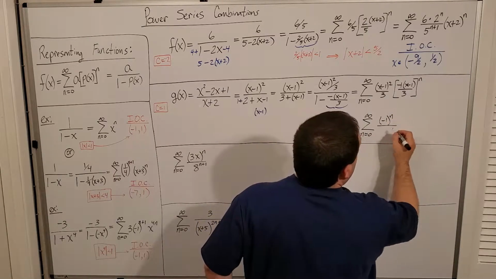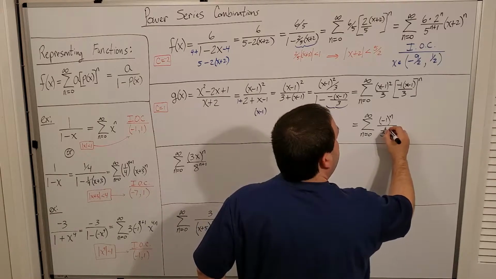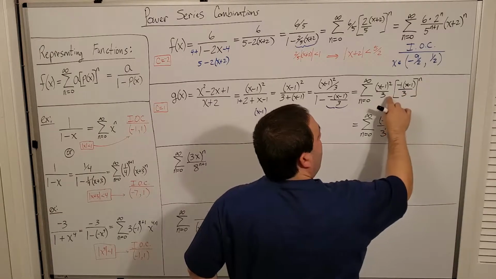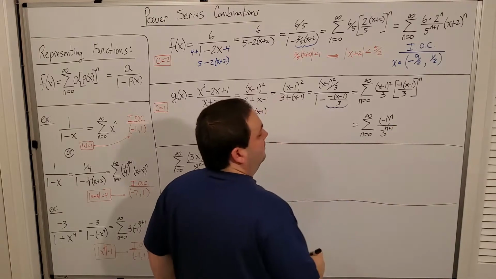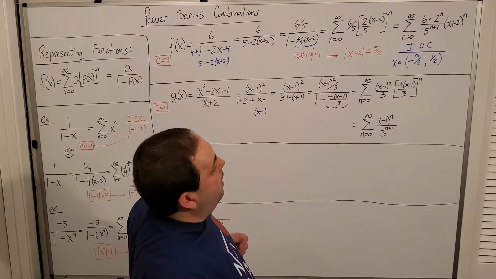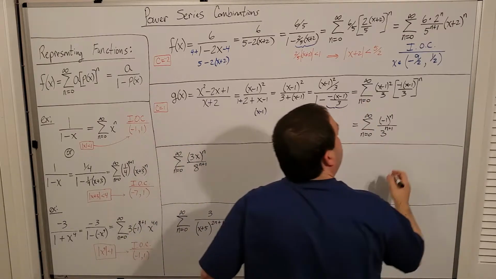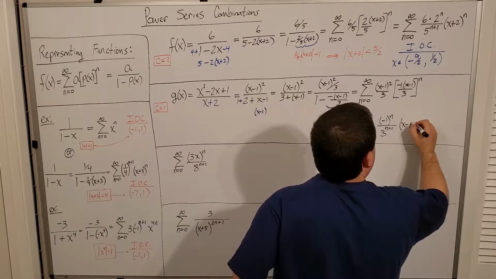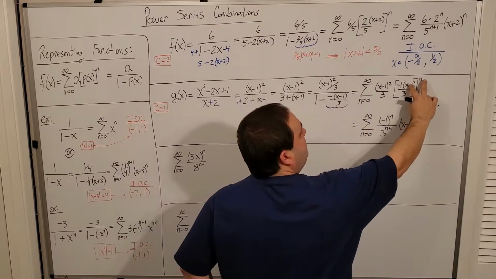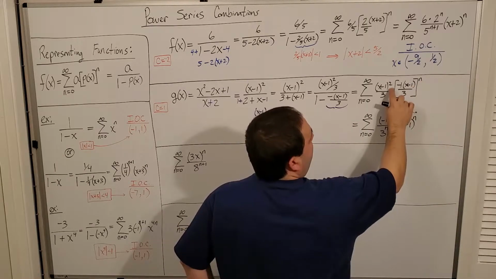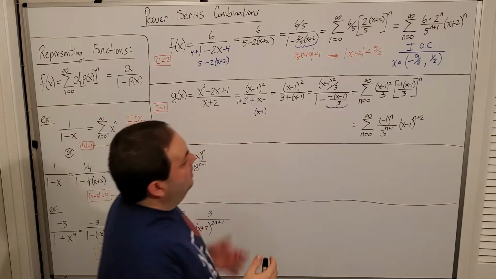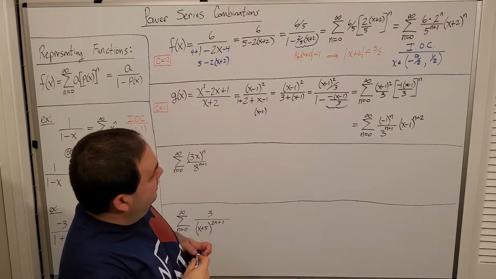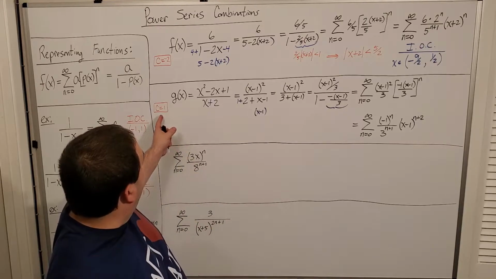And in the denominator, I've got 3 to the n because of this, and then I've got 1 more, so plus 1. Because I'm going to be multiplying those, so you add the powers, right? Times x minus 1 to the n, right? That's this. And then I've got 2 extra, so plus 2. And then I've got my series that's centered at 1.